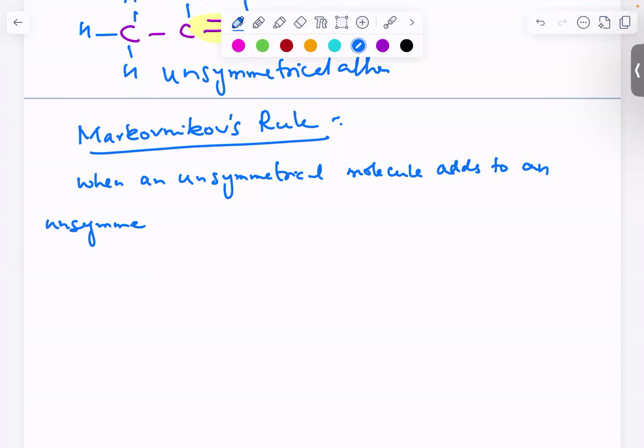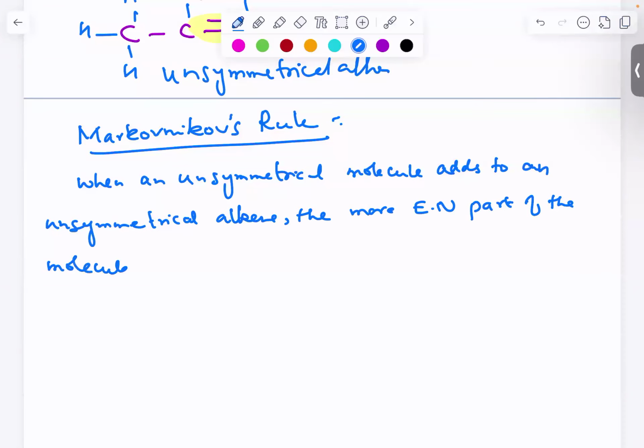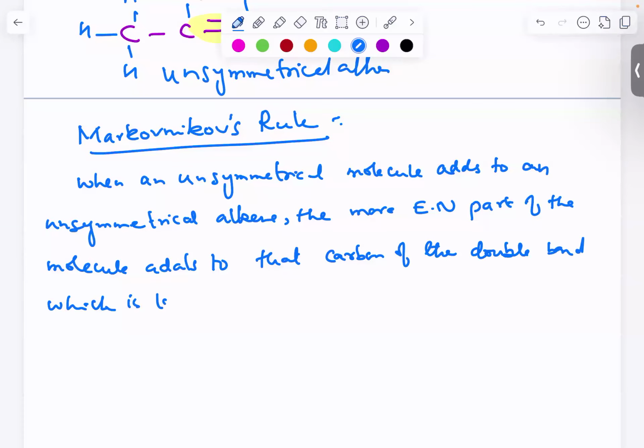Adds to an unsymmetrical alkene, the more electronegative part of the molecule adds to that carbon of the double bond which is linked to lesser number of hydrogen atoms.